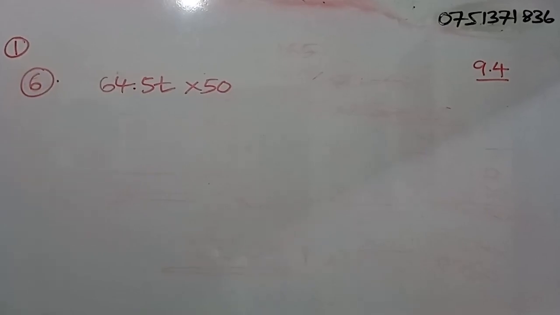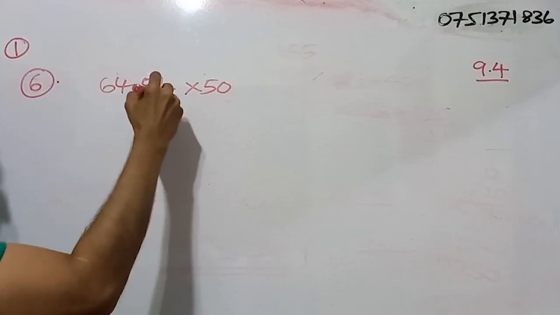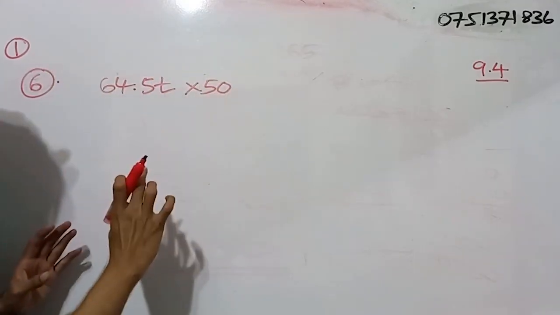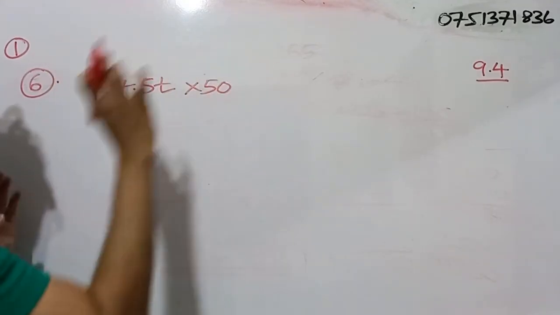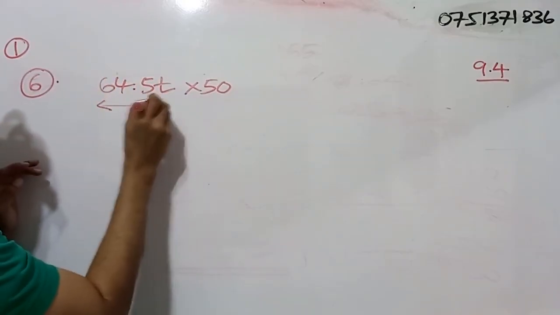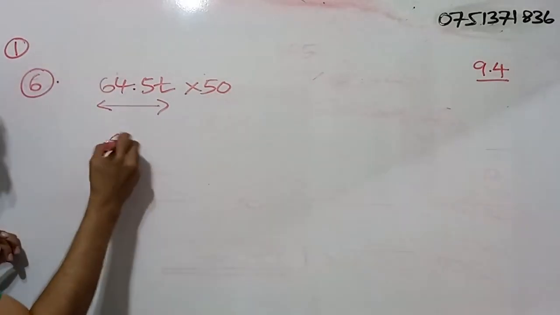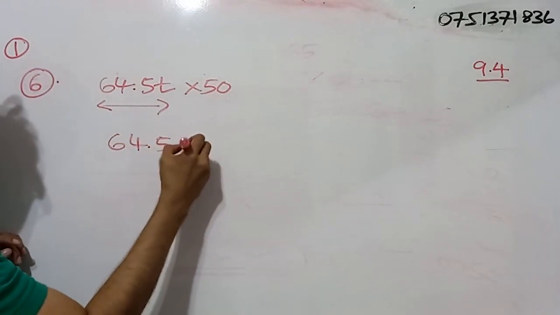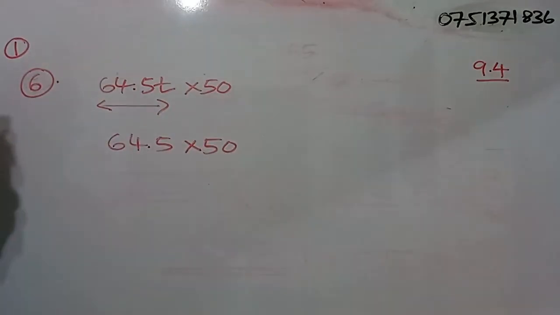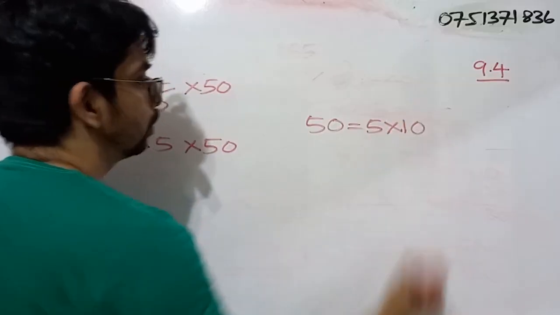Now imagine this number and imagine this expression. So this is an expression, right? Just think these are just numbers. So 64.5, we have to multiply that by 50. 50 in the sense we know that is 5 into 10, no?